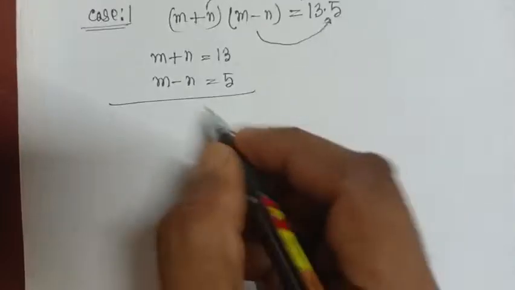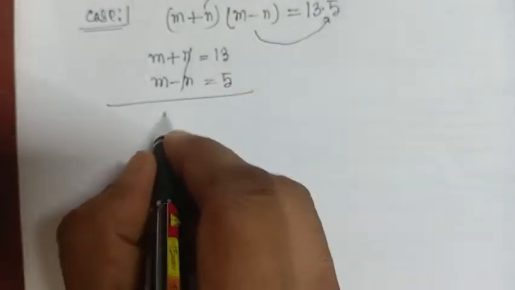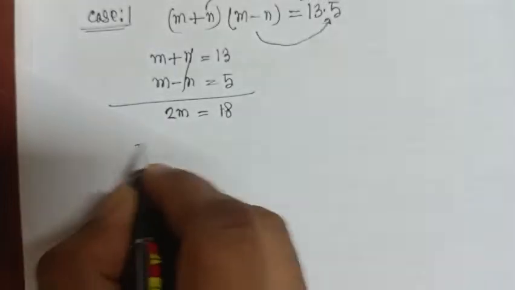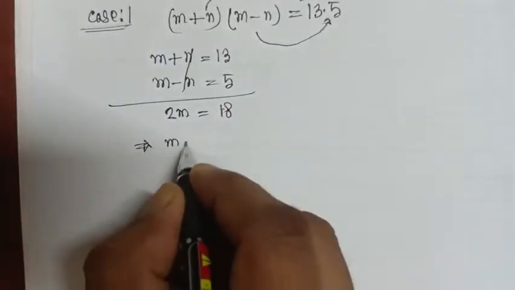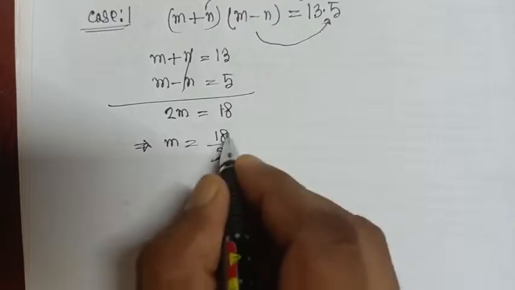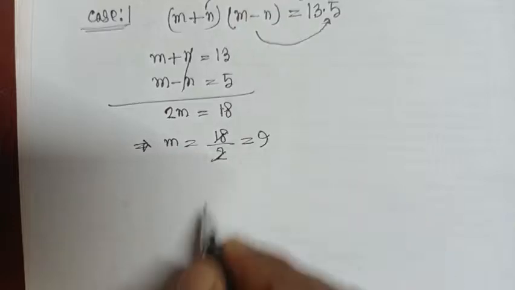If we add these two, we get 2m equals 18, hence m equals 18 by 2, which cancels out to 9.